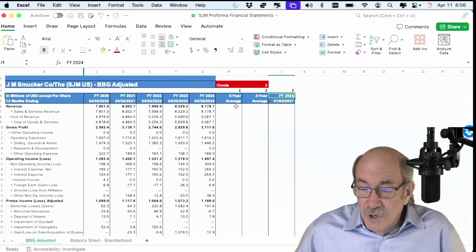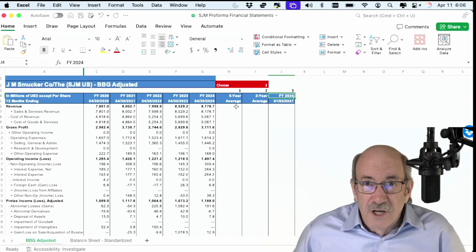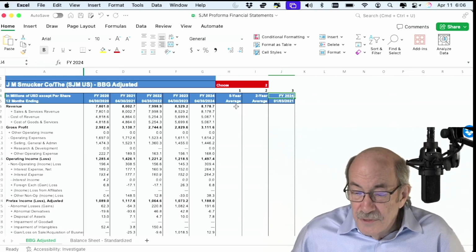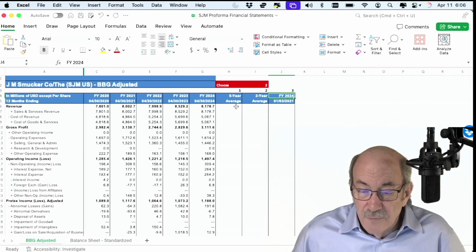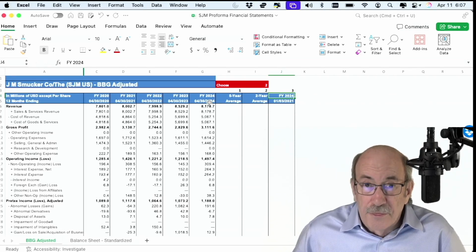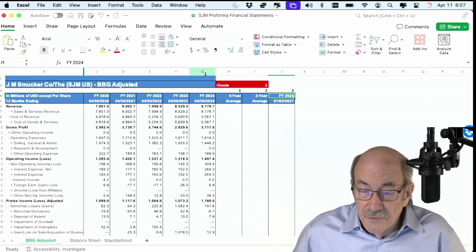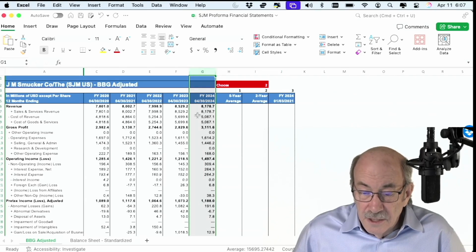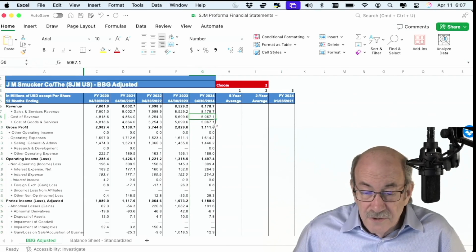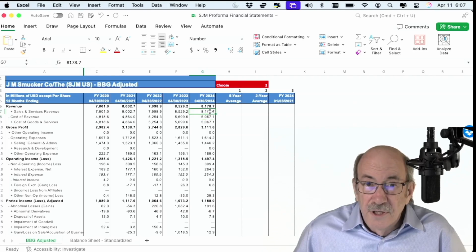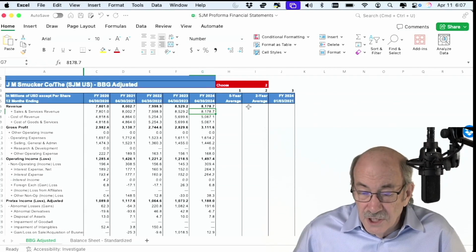I've got 3 different ways I'm going to measure percent of revenue. The first is where I just take the most recent full fiscal year. In this particular case, this company's fiscal year end was 4/30, so I'm just going to take this year right here. For instance, if I want cost of revenue, I would take cost of revenue divided by sales, and that would give me the percent that cost of revenue is relative to sales.